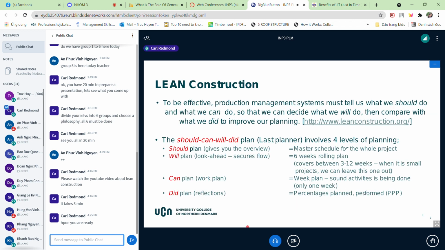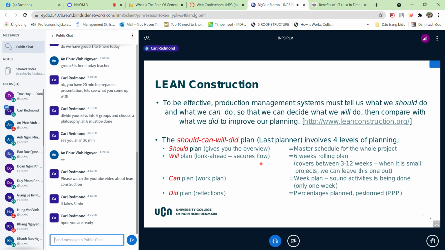So, lean construction. To be effective, production management systems must tell us what we can do. So what we can decide, what we will do, and we'll compare with what we did to improve our planning.